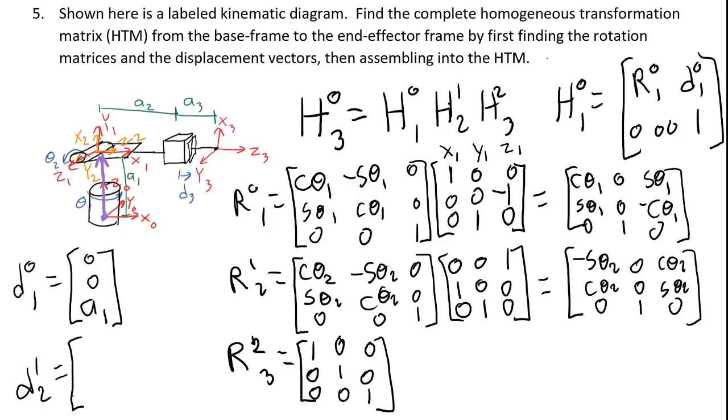So the displacement from the center of frame 1 to the center of frame 2 is 0 in x, 0 in y, and 0 in z. This will remain true no matter what happens to the joints. So the only vector we still need to get here is D23.